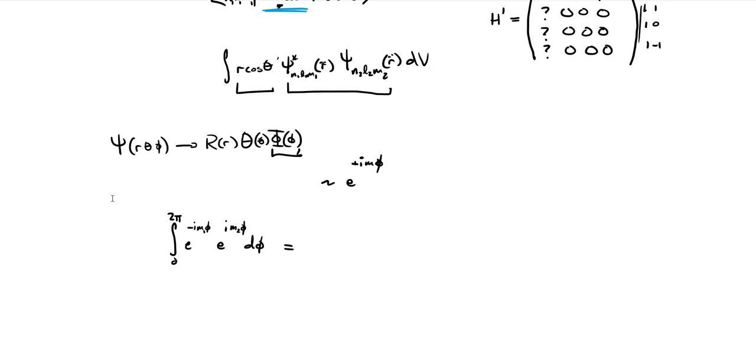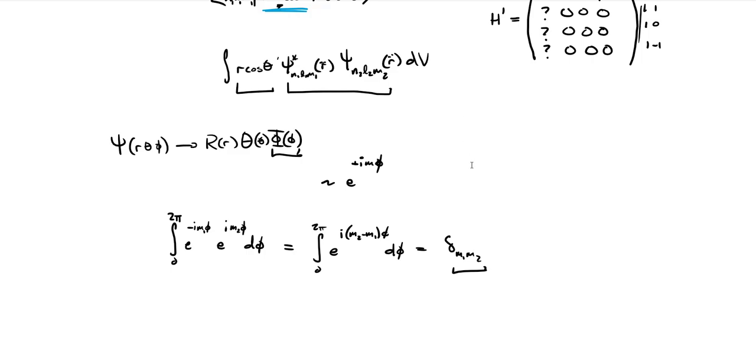Which is equal to the integral of e to the i (m2 minus m1) phi d phi from 0 to 2 pi. And that's a Dirac delta function between m1 and m2. Unless those m quantum numbers are the same, that integral is going to be 0, right?